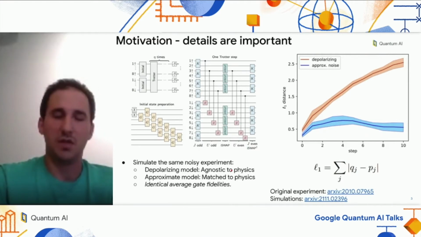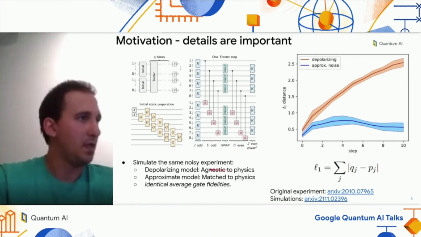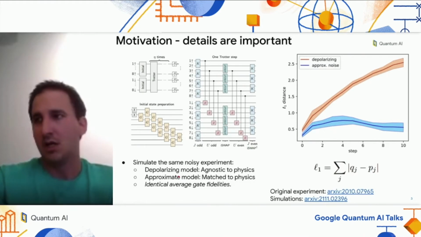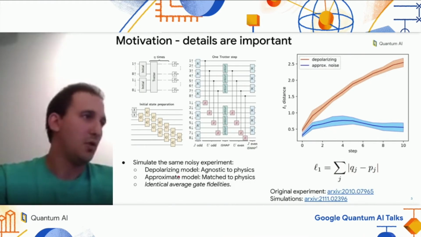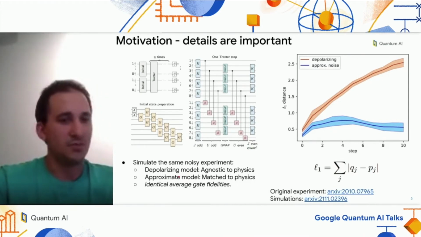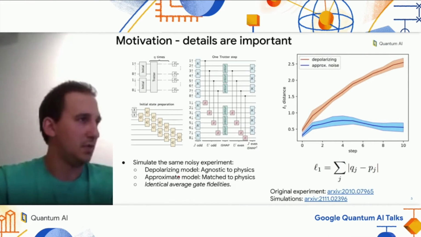All that goes into that model is gate fidelities. We also simulated it using a more physical approximate model that matches the observed qubit decay rates, the dephasing times, and readout errors, etc.